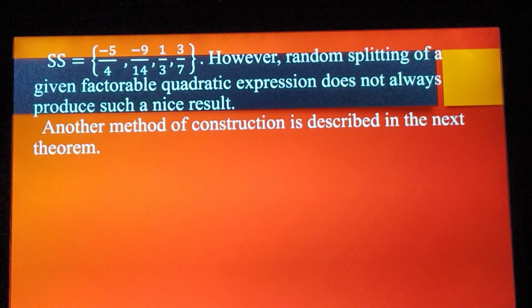However, random splitting of a given factorable quadratic expression does not always produce such a nice result.